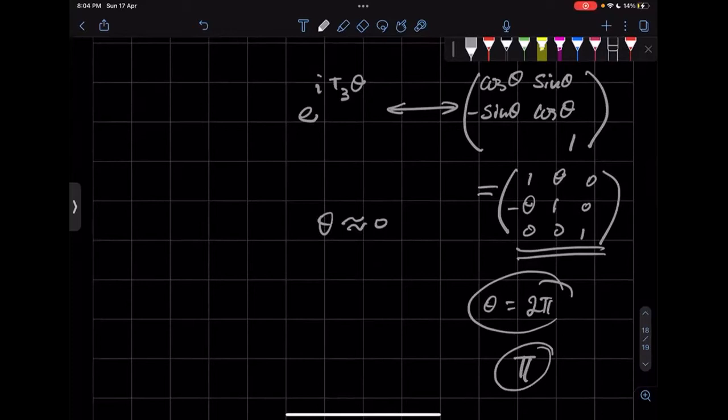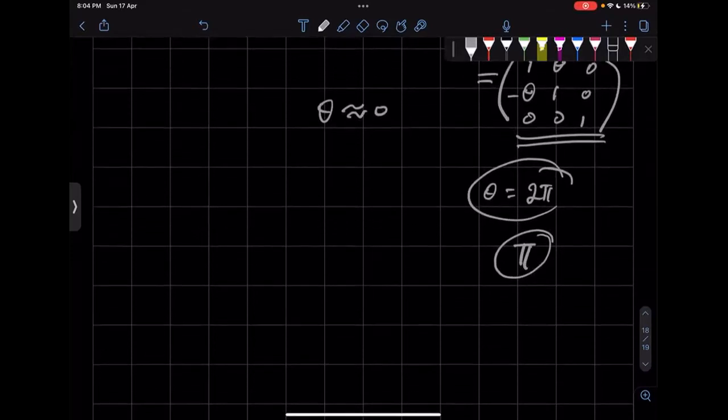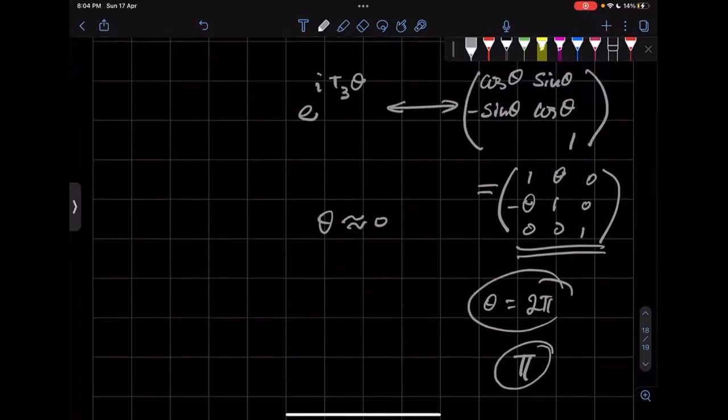But this is very qualitative, because I haven't really given you a formal measure of distance. You can easily have a formal measure of distance. But before I give you that, let me give you a very interesting fact.